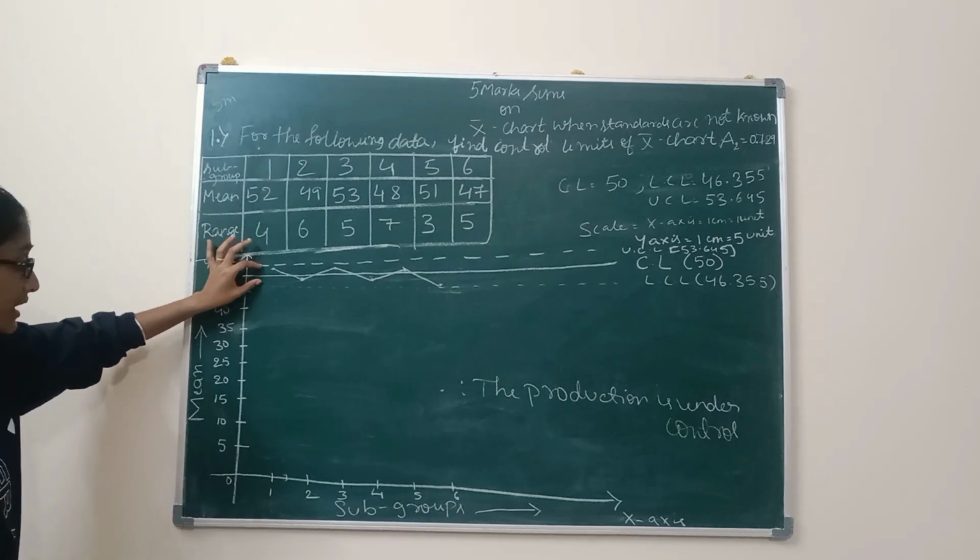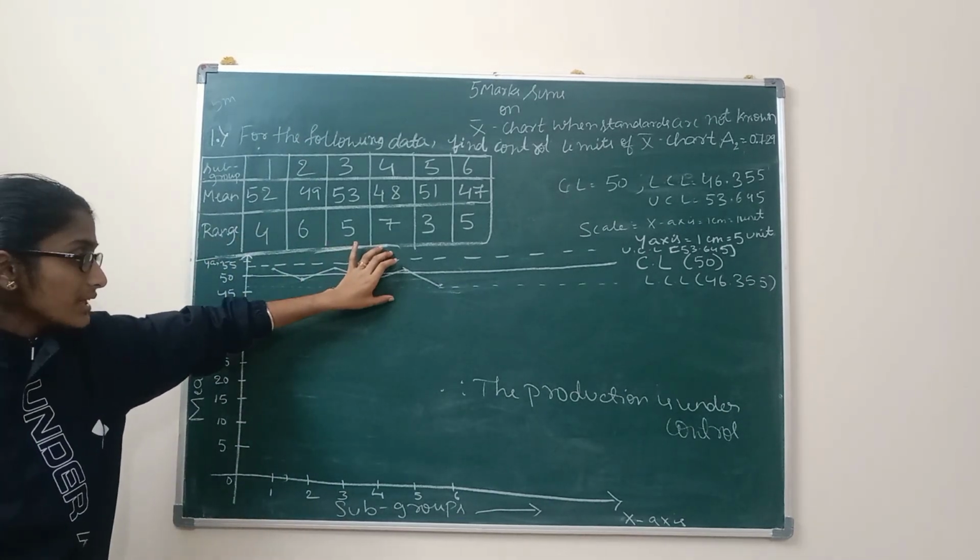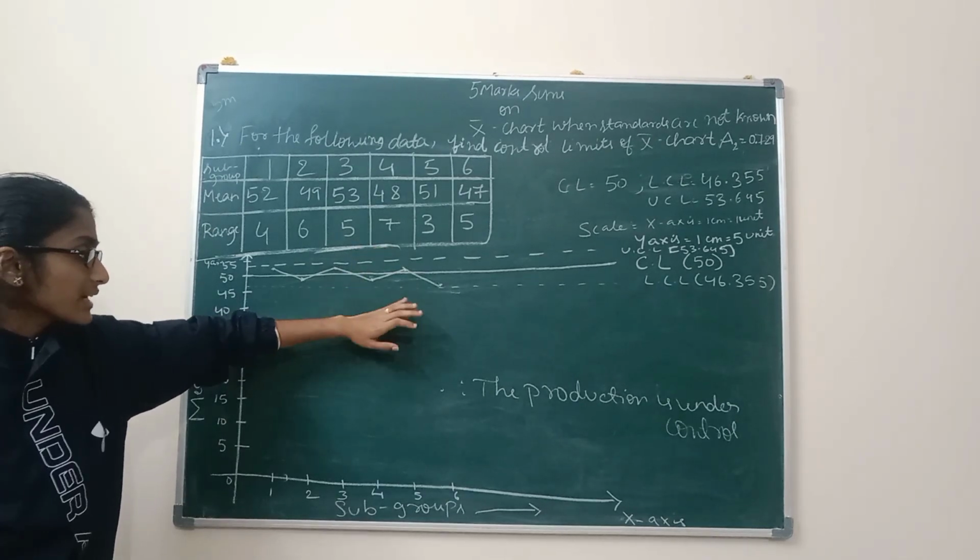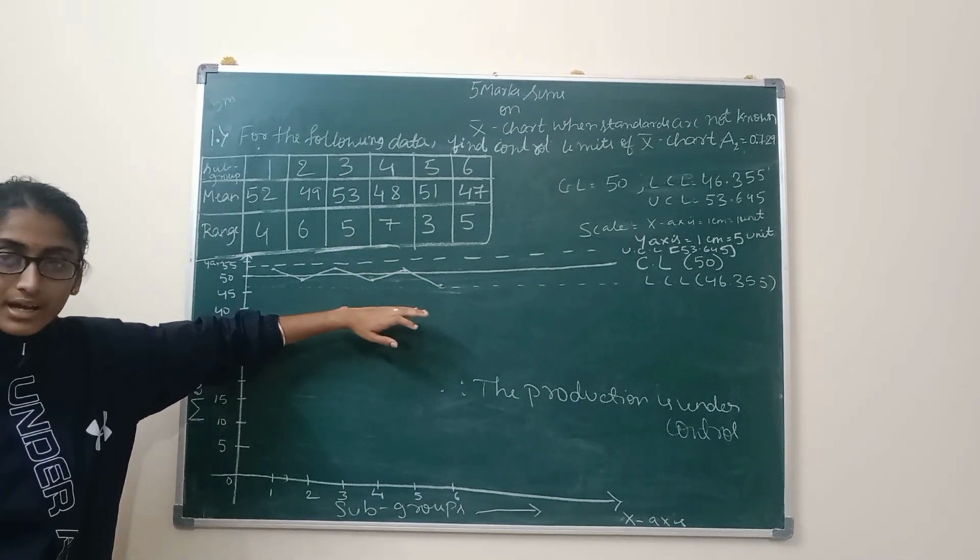Here we can observe that the joined lines do not exceed the values of UCL and LCL. We can conclude that the production is under control.